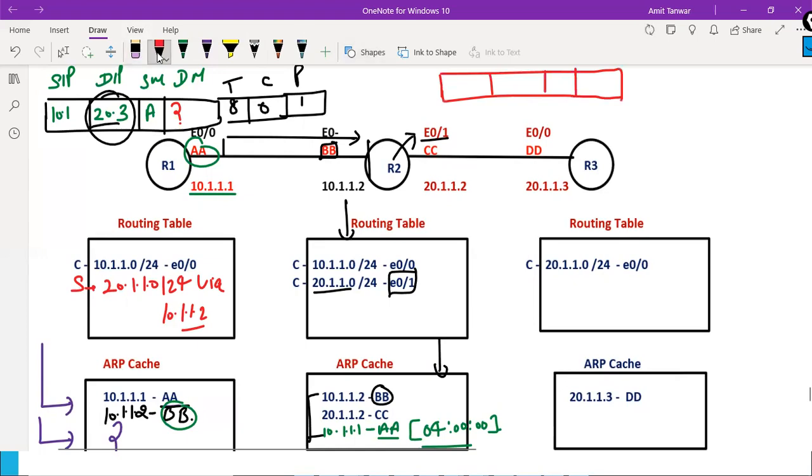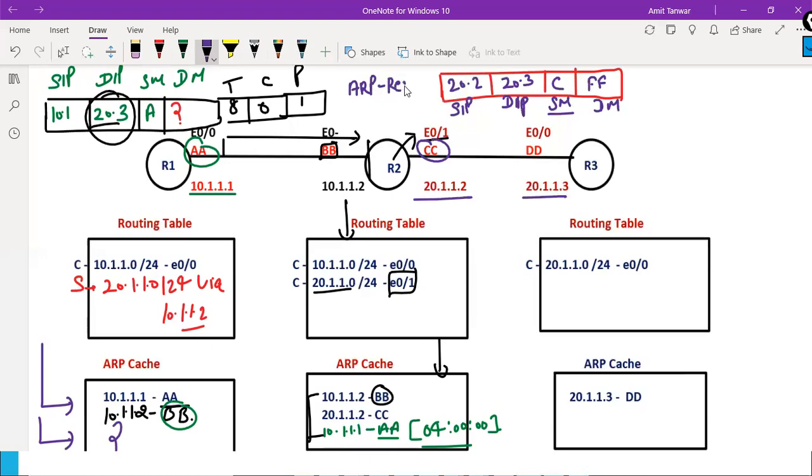This is again an ARP request here. In the ARP request, we have the source IP, destination IP, source MAC, destination MAC. What's the source IP? 20.2, looking for 20.3. Source MAC is C. Destination MAC is broadcast, because this is an ARP request.